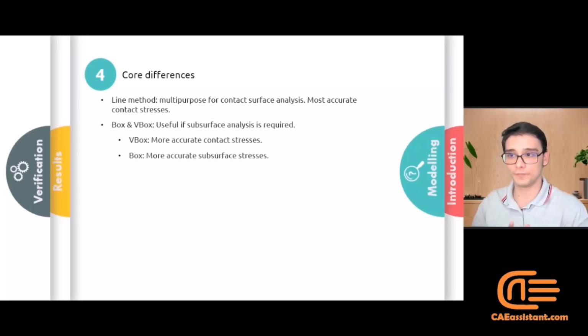The VBox has more accurate contact stresses, and it is used if, for example, you need contact stresses but also other calculations with subsurface stresses, though not so accurate. Meanwhile, the box method has slightly less accurate contact stresses, but its subsurface stresses are way more accurate than the other ones.